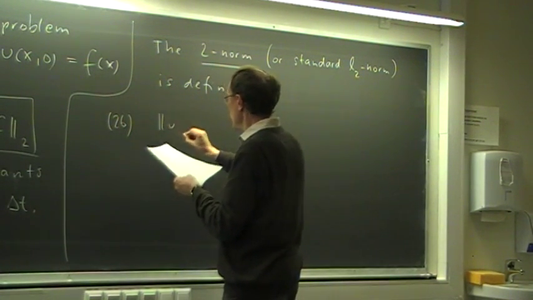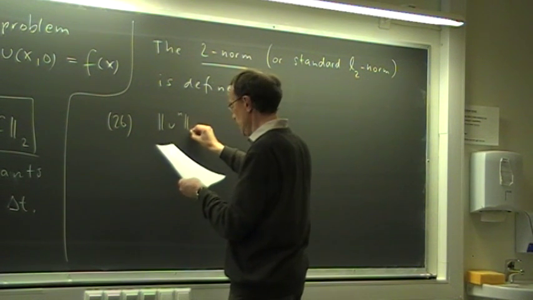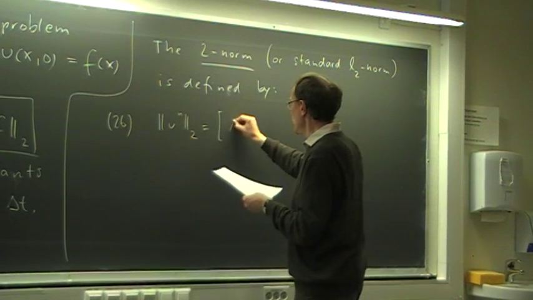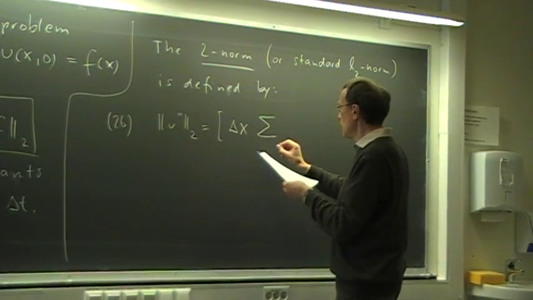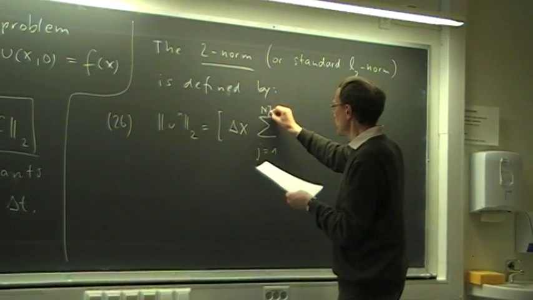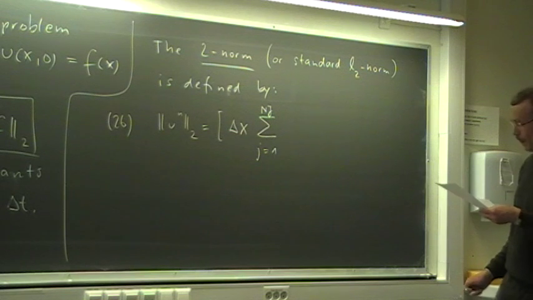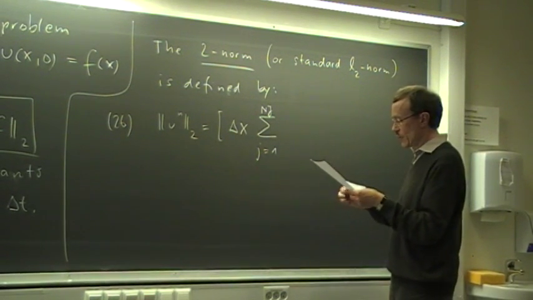We say the norm of u at time level n. It means that we have to take the grid spacing delta x and multiply it by our values, and usually here we assume that we have periodic boundary conditions, so that the j equals 0 value is the same as at nj.